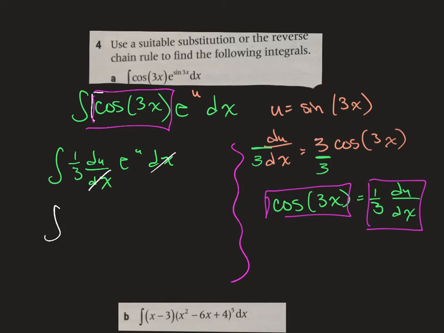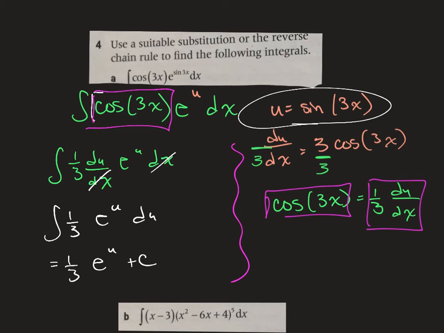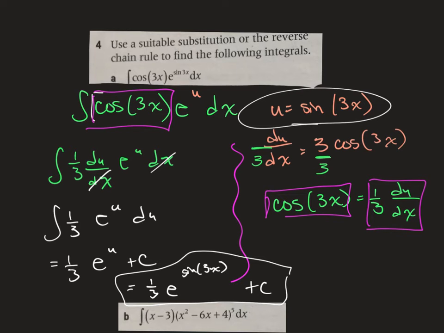I'm going to rewrite this so I get my 1/3 in front, e to the u du. And then our answer is going to be 1/3 e to the u plus c, with u being the sine of 3x. So our final answer is going to be 1/3 e to the sine of 3x plus c. That's part A.